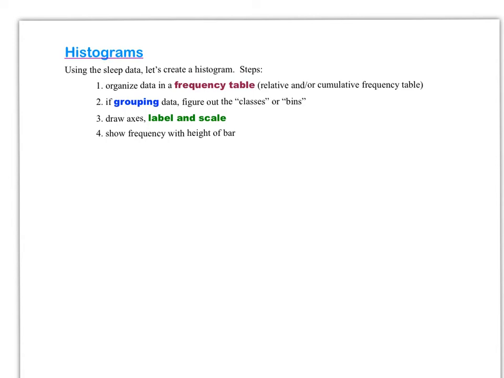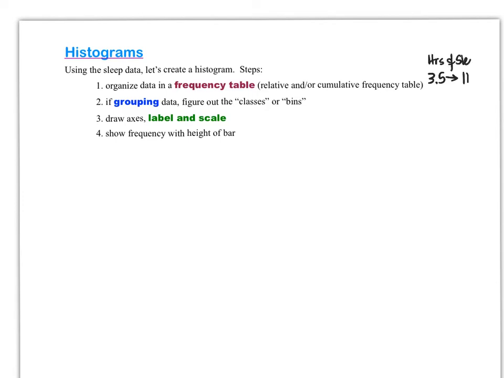And the first thing that we want to be able to do is take a look at the data. So we're going to use the sleep data from our class survey, and we're going to organize the data into a frequency table. Now, one of the things that is very useful about histograms is we can group data together. So we know that our smallest value is 3.5 and our largest value is 11, and this is hours of sleep.